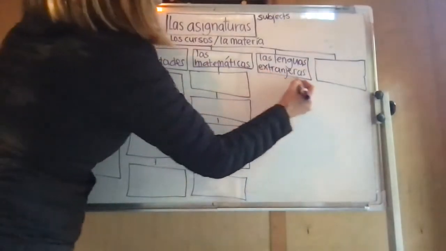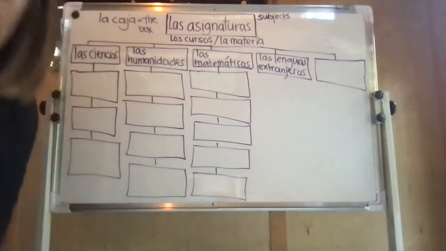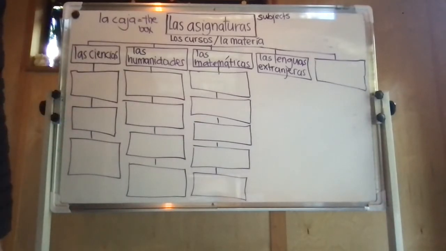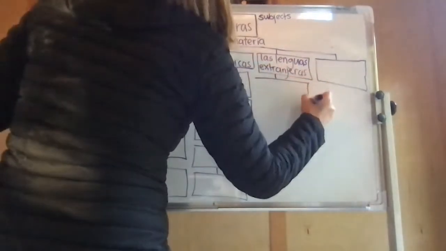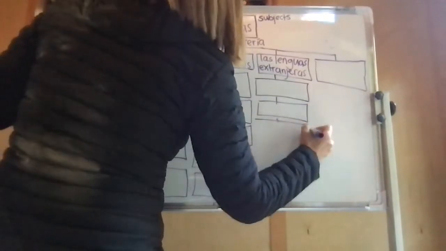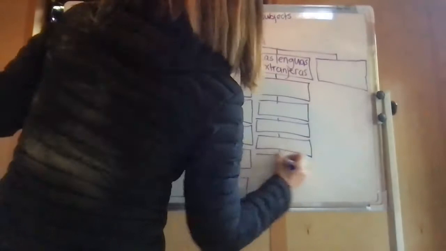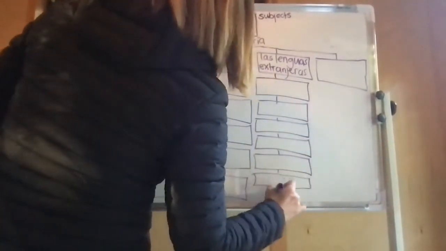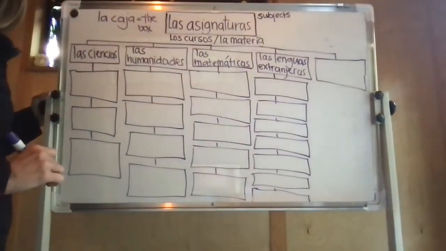So extranjeras here is an adjective. It must go after the noun that it describes. Y debajo, underneath this, we are going to have, hay 7. 1, 2, 3, 4, 5, 6, and 7. Okay, 7.